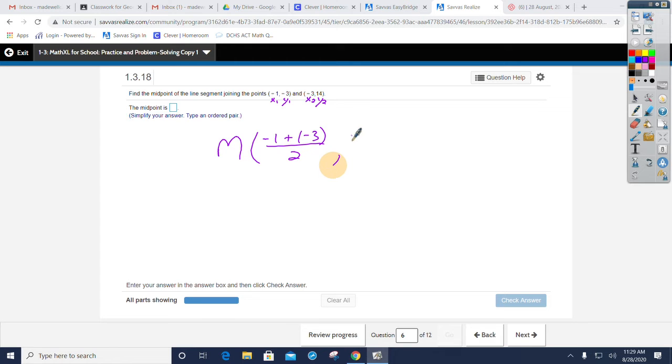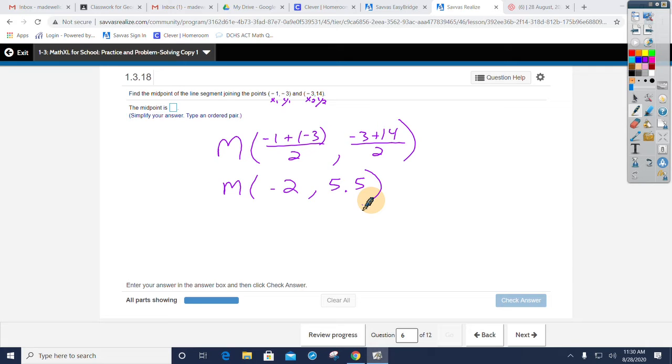And your y is going to be negative 3 plus 14 divided by 2. So my answer is going to be, in the first one, I got negative 1 plus negative 3. It's negative 4 divided by 2 is negative 2. And the second part, the y value, negative 3 plus 14 is 11. 11 divided by 2 is 5.5 or 5.5. Either one of those should work.